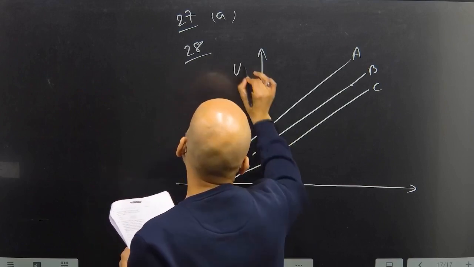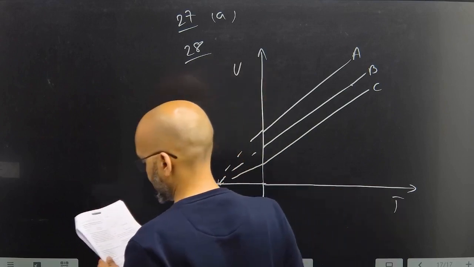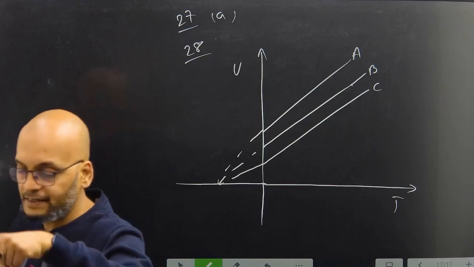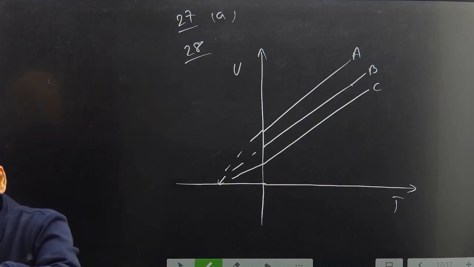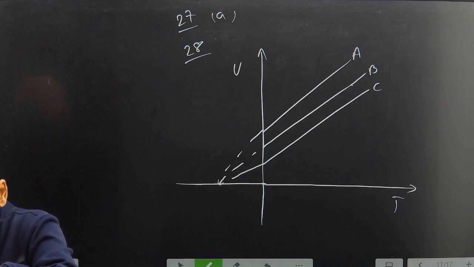Here volume is given, here temperature is given. Fine. Now let's read. It is saying the expansion of an ideal gas of mass m at a constant pressure P is given by a straight line B. The expansion of the same ideal gas of mass 2m, pressure 2P, is given by a straight line.